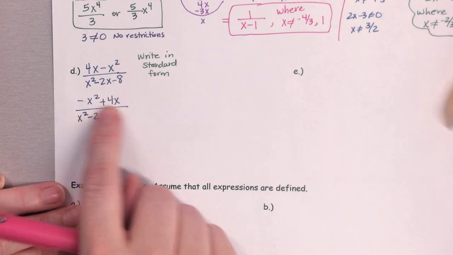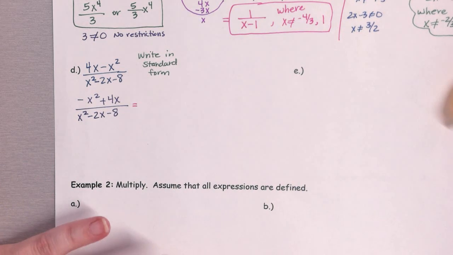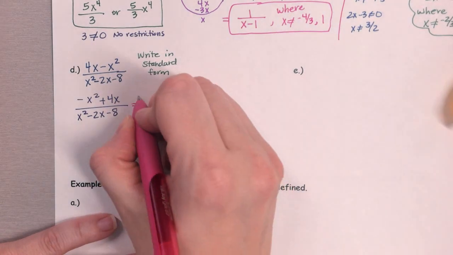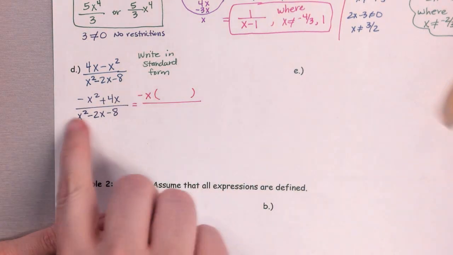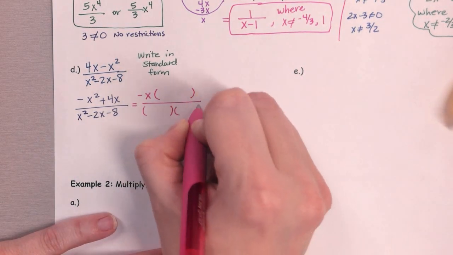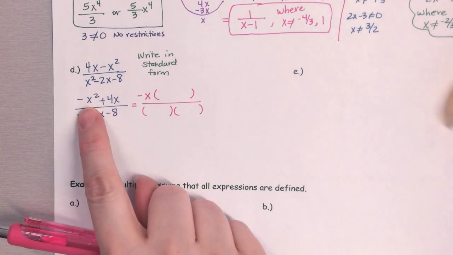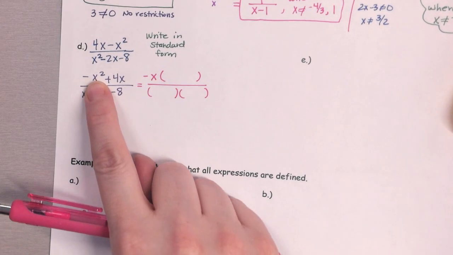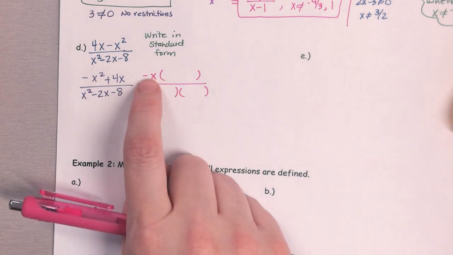What value goes into both of those? What can I take out of both? What do they have in common? X. So I'm going to take out a negative x. This is a trinomial, so I am going to factor that. Remember, when you take this out, you are dividing. A lot of times I think of it as multiplication, though, too.